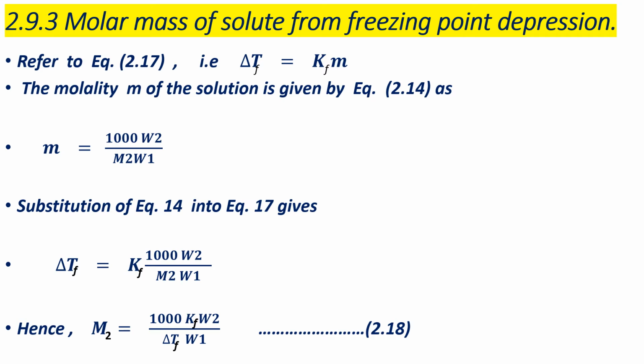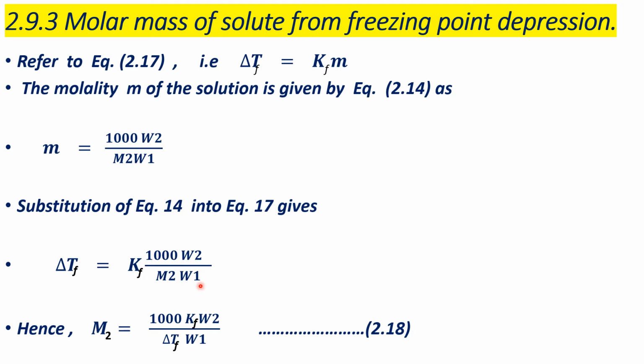Here we remember that the molality m of the solution is given by equation number 14, as m is equal to 1000 into W2 upon M2 into W1. You simply put this m value in the above equation. Delta Tf is equal to Kf into m, then delta Tf is equal to Kf into 1000 into W2 upon M2 into W1.